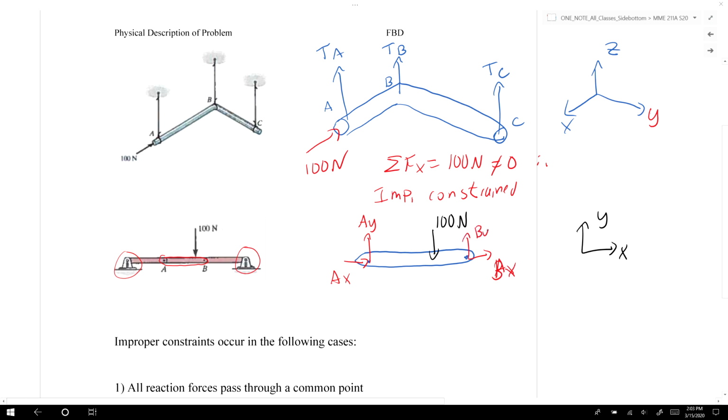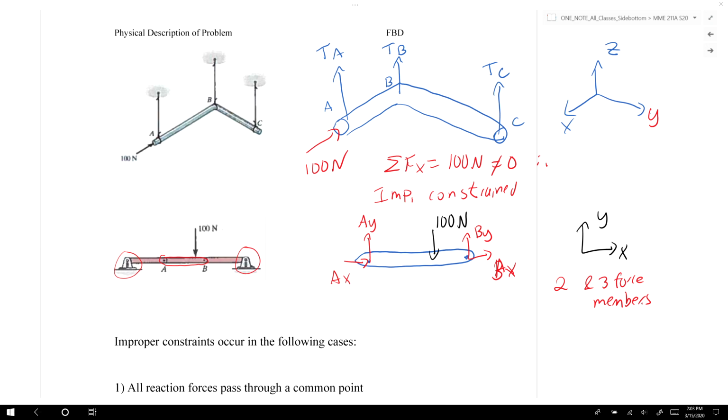Now, from last lecture, we talked about 2 and 3 force members. We can use the rules of 2 force members to simplify this problem down.